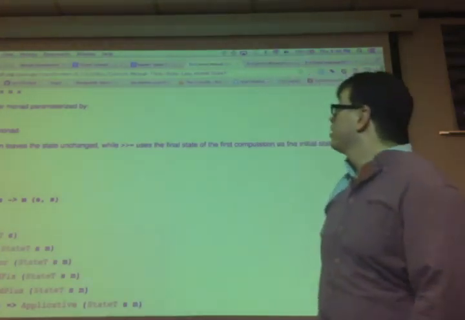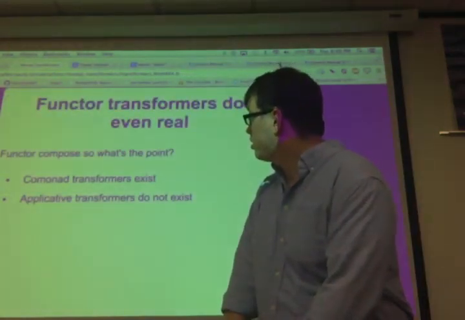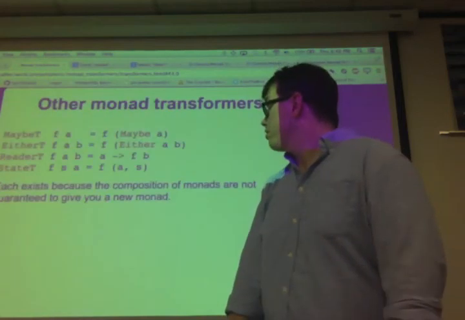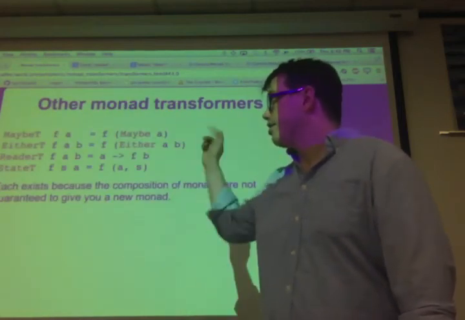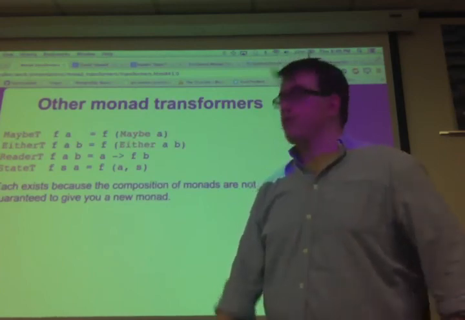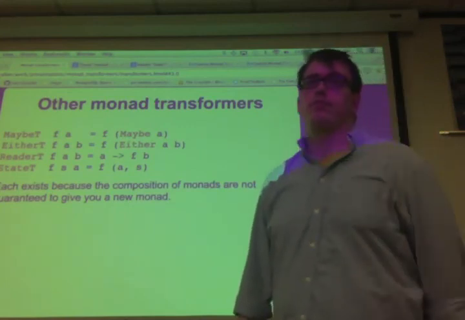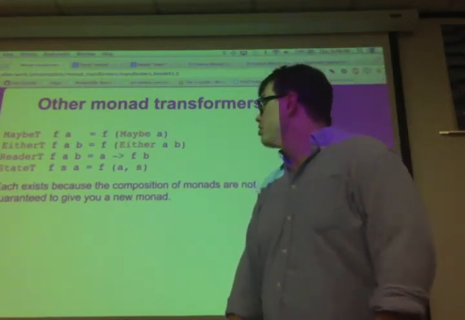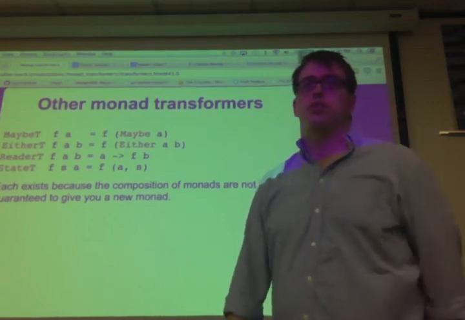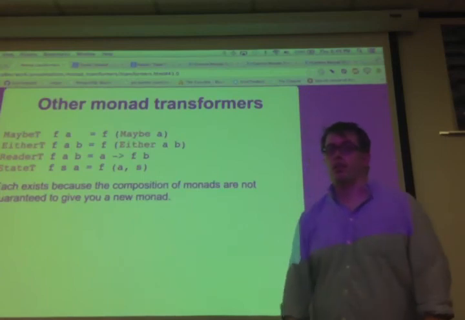And the other observation I'll make on that slide, which is kind of interesting, is that for all the equivalences except for reader, the F is appearing on the outermost thing. Yeah, I think the reader one's right. It's just that the F is weird. But it definitely tripped me up, because I thought I could just infer what the reader was going to be, and then I was wrong, and I fought myself over it because I wanted to be right.